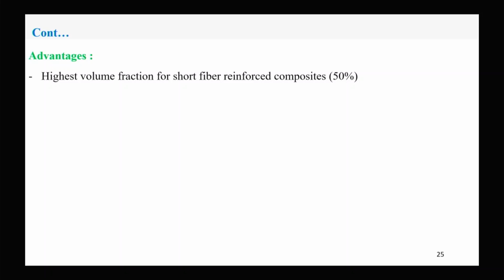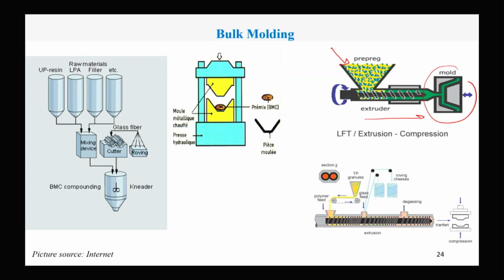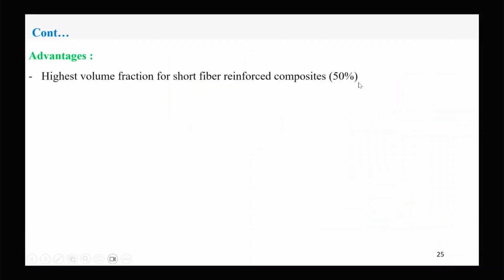So the main advantage is that the highest volume fraction can be achieved. Here we can have very high volume fraction because it's mechanically pushed inside the mold. Maybe 50% we can achieve in this system.